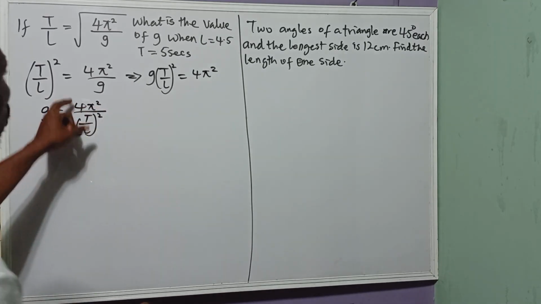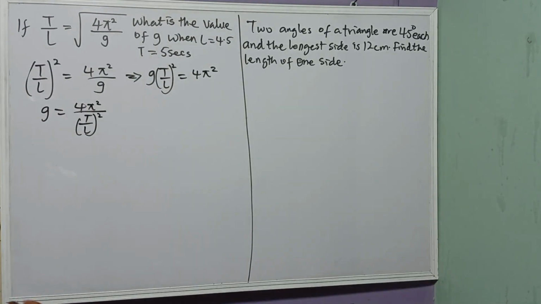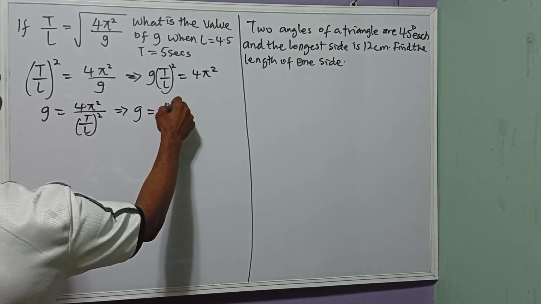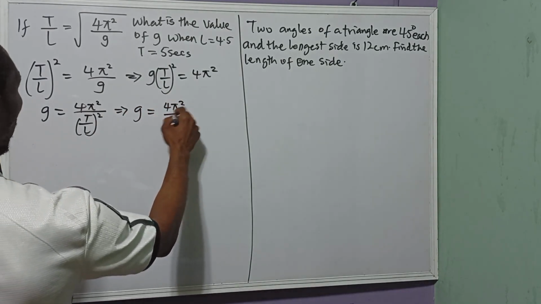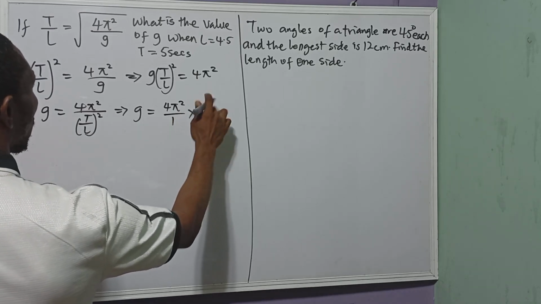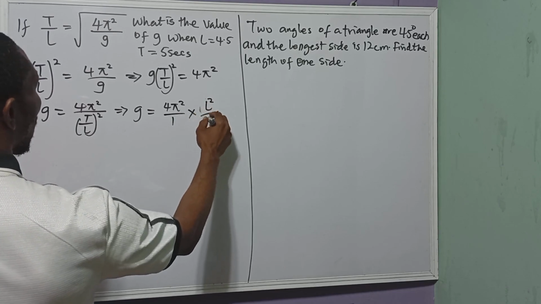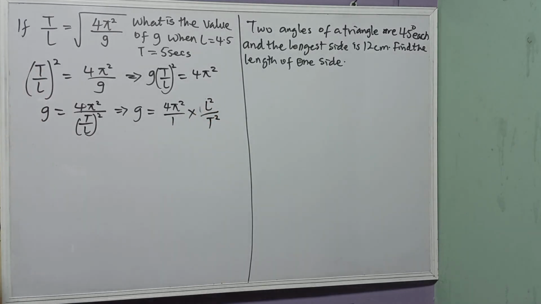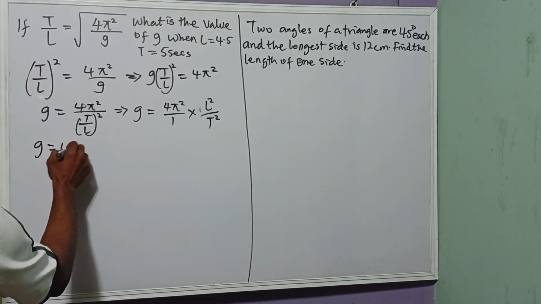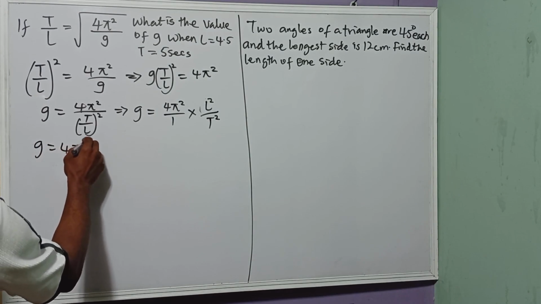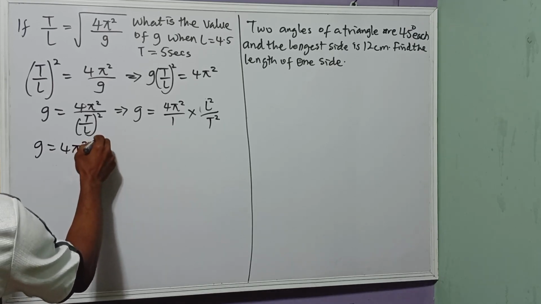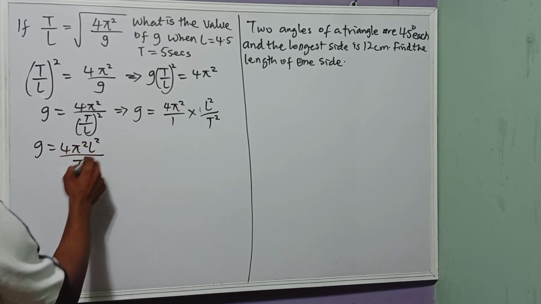Now, since this is division, we can turn it to multiplication. So this gives us g equals 4 pi squared over 1 times L squared all over t squared. Bringing them together, we have g equals 4 pi squared L squared over t squared.